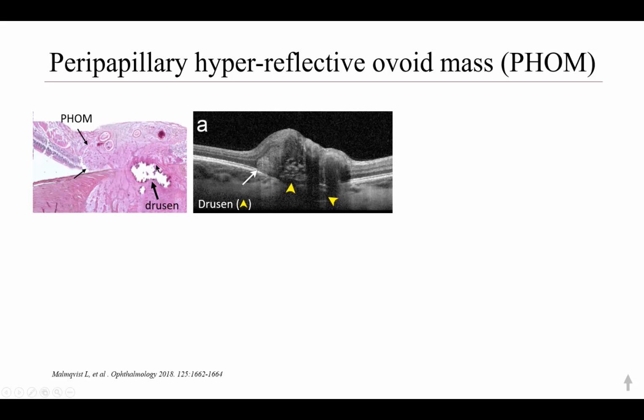Histopathologically, drusen, shown here, they leach out when you prepare the slide, are associated with these tissue masses, which have been shown with the proper stains to be basically axons or nerve fibers.